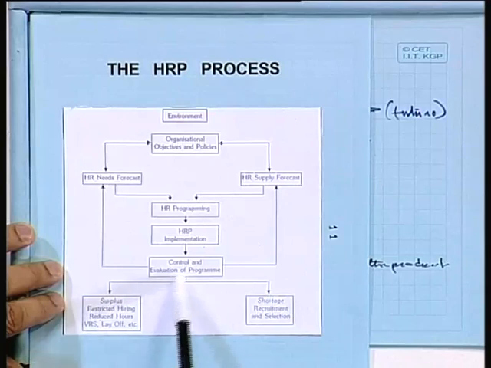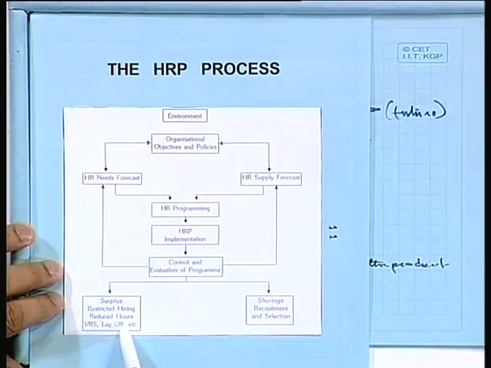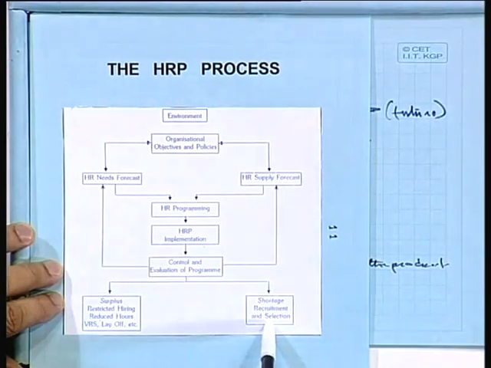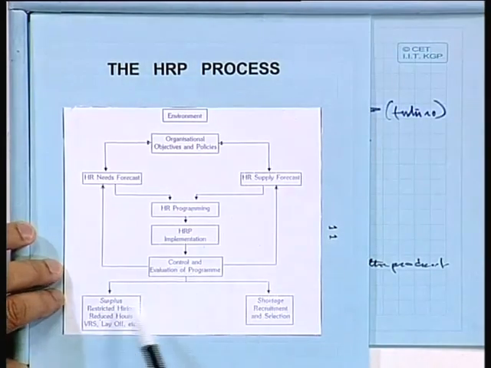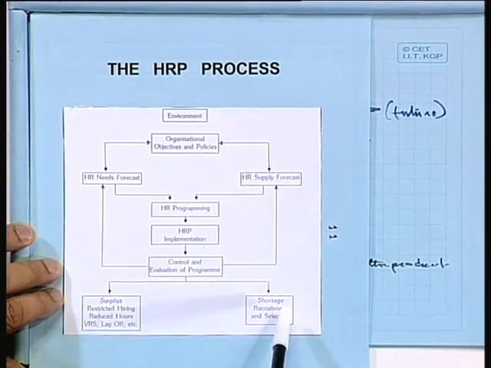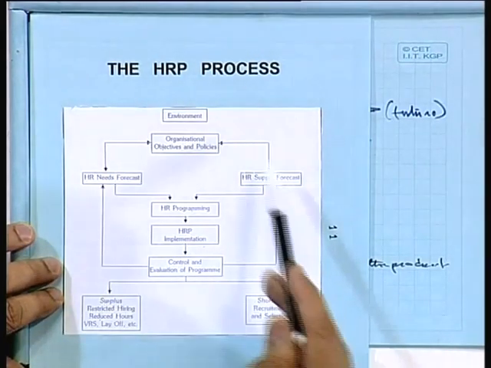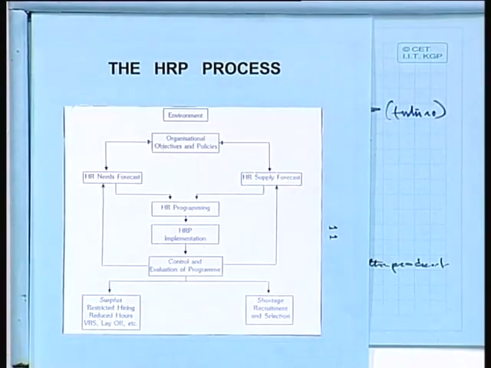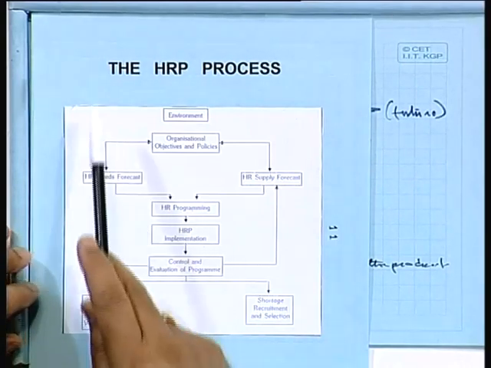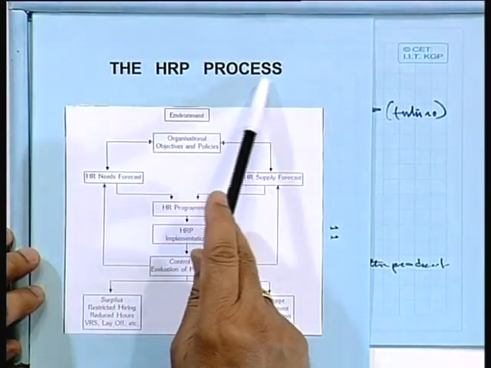And then control and evaluation, after that you have the surplus, restricted hiring, reduced hours, VRS, layoff, or shortage, recruitment and selection. Okay. If you have been able to do your work perfectly well, there will be complete balance, right. You will have neither shortage nor any need to recruit. So, this is a conceptual representation of the HRP process.